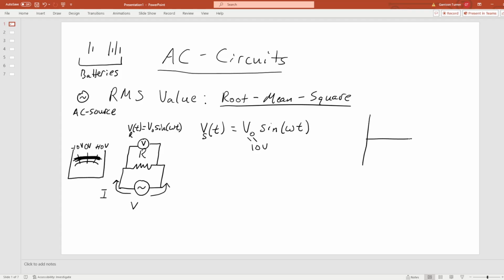Suppose I have a voltage signal, and it's a regular sinusoid, so it'll look something like this. Again, this oscillates between some maximum positive value and an equivalent negative value.